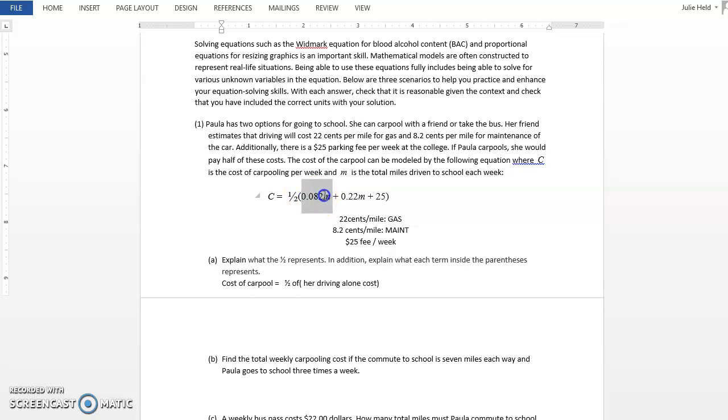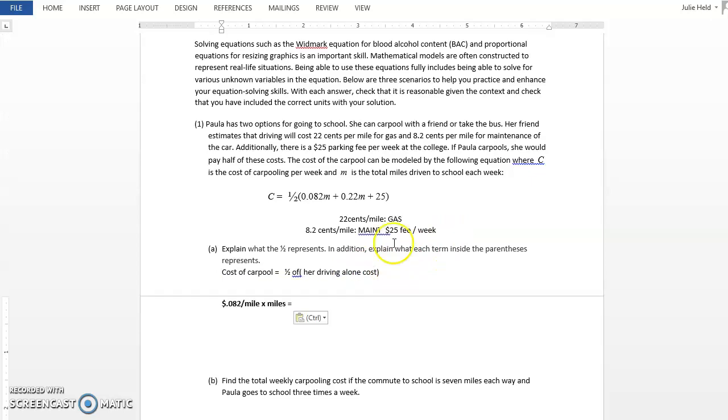So the 0.082, that sounds like 8.2, but it's in dollars, right? 8.2 cents is the same as, if you change it to dollars, 0.082. And if you take that per mile times the number of miles, notice the miles would cancel out, and that will be the dollar amount that she spends on her maintenance, right?